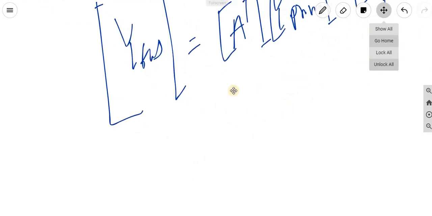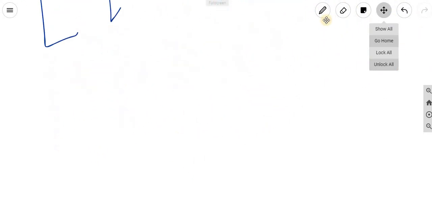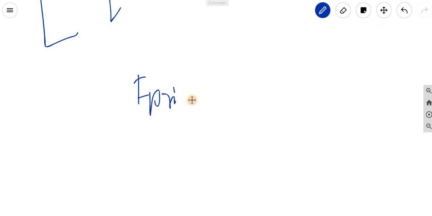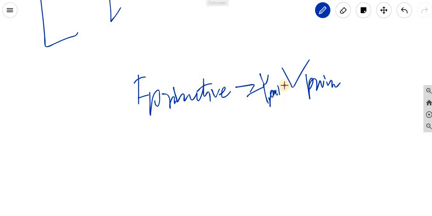From there we'll get one equation, the first: I primitive, that means branch current, branch voltage, and admittance Y primitive. So I primitive, Y primitive, and V primitive. So this equation we got one.